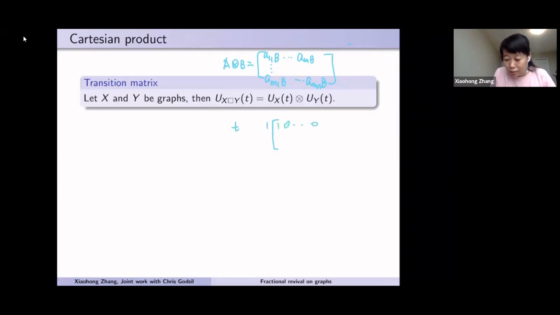So it looks like this. The scalar might not be 1, it might be just a complex number with modulus 1. It doesn't matter, we can still write it like that. Say for the graph Y, at the same time, there is FR between two vertices, say U and V.